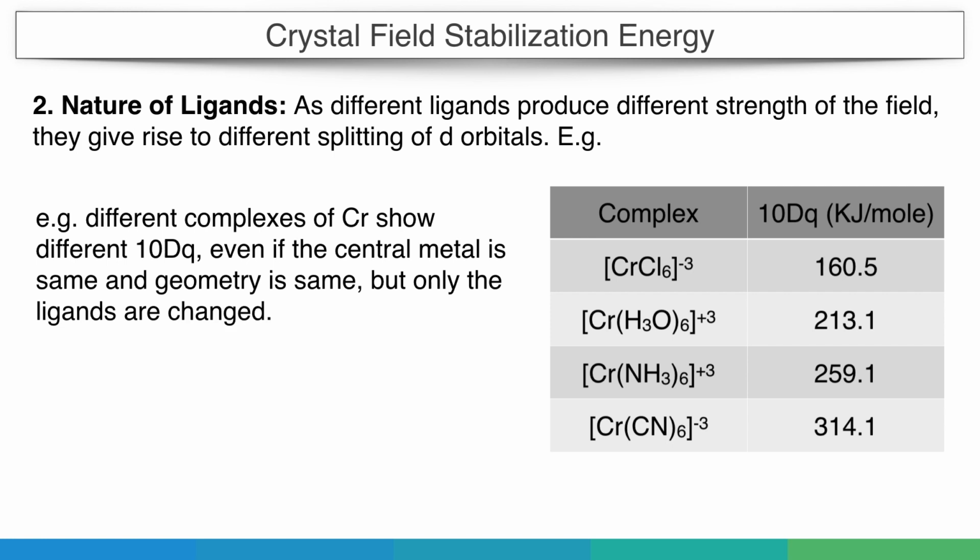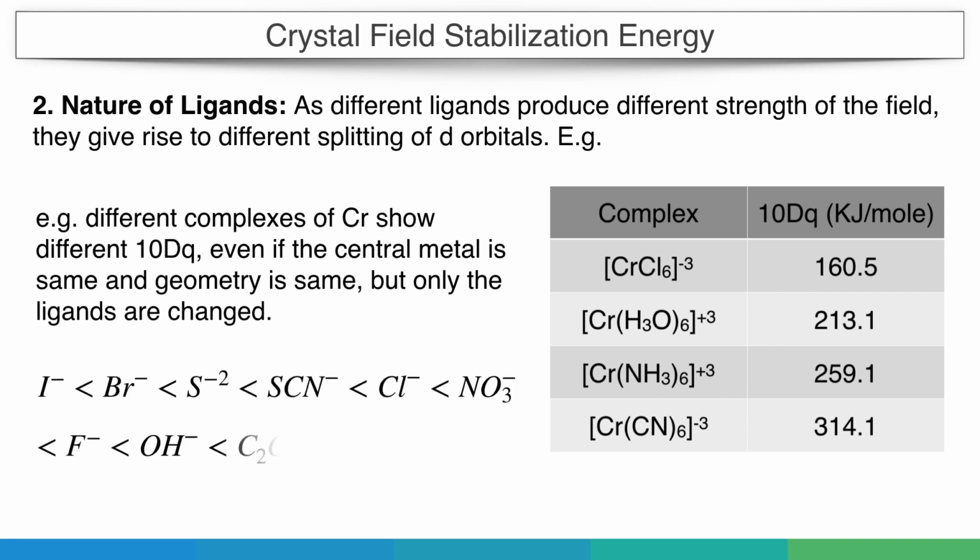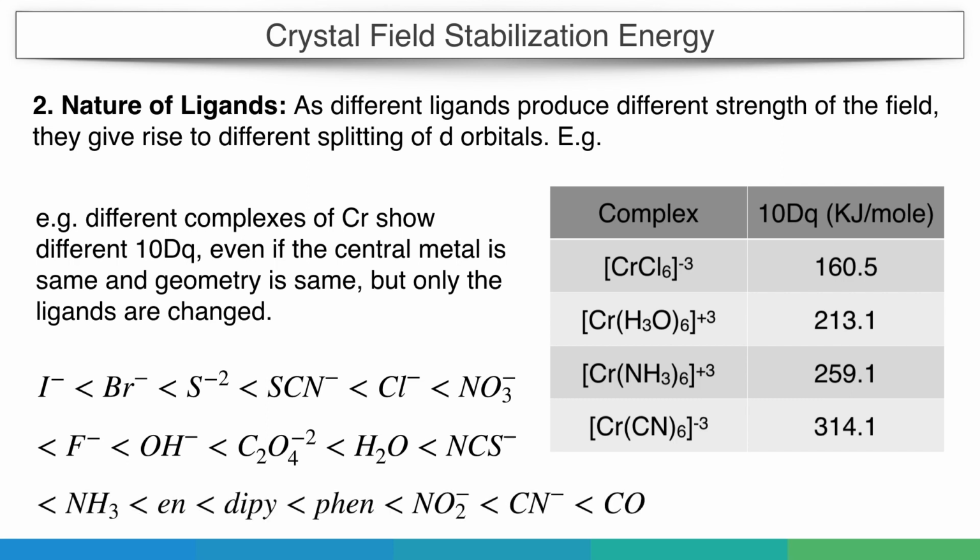From the table, it is clear that the cyanide ligand produces more splitting and hence it is a strong field ligand, while the chloride ligand produces less splitting and it is a weak field ligand. Depending upon the extent of field produced by each ligand, they are arranged in increasing order of their strength as follows.